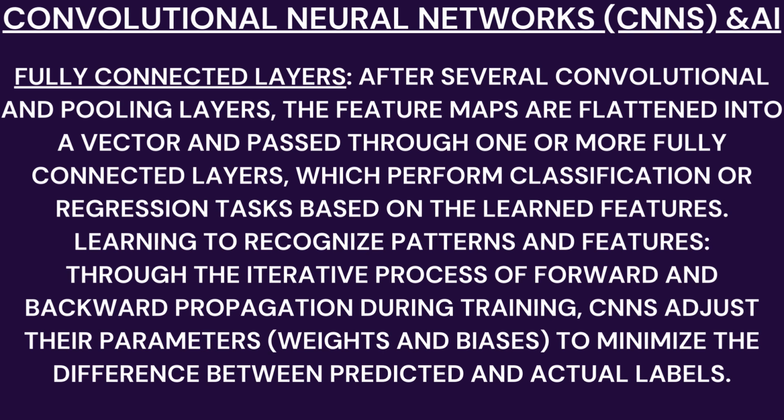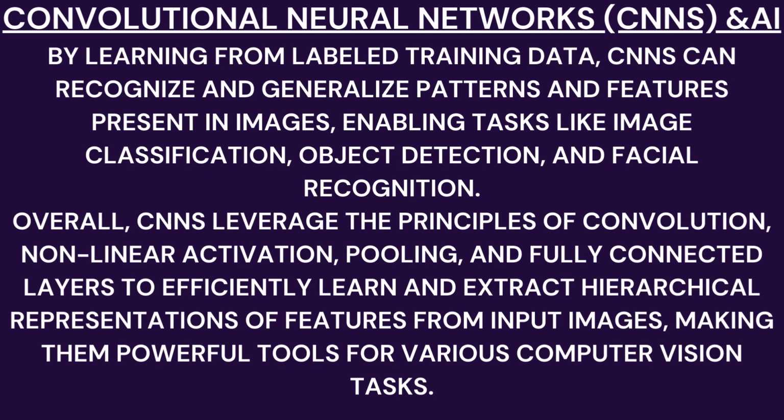Through the iterative process of forward and backward propagation during training, CNNs adjust their parameters, weights, and biases to minimize the difference between predicted and actual labels. By learning from labeled training data, CNNs can recognize and generalize patterns and features present in images, enabling tasks like image classification, object detection, and facial recognition.